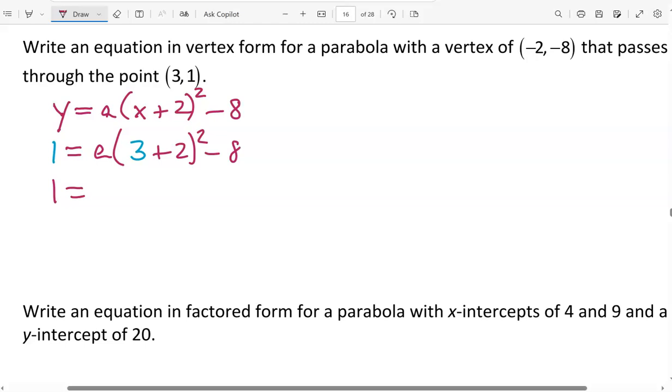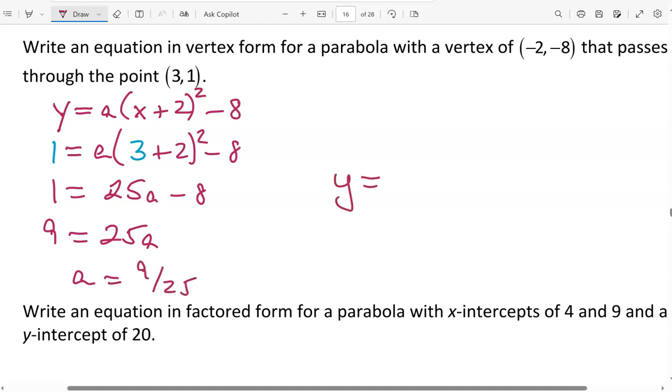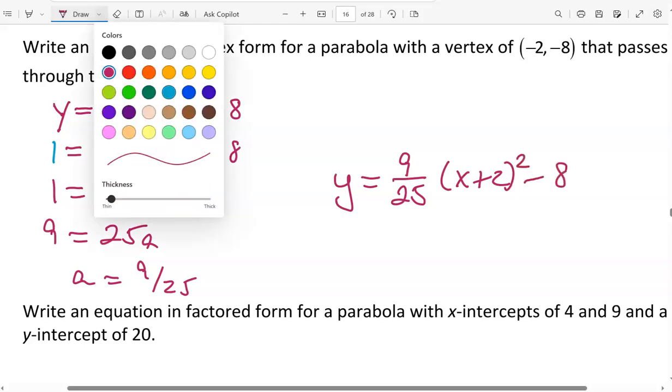So 1 is equal to (3 + 2) squared, which is 25, times a, minus 8. So adding 8 to both sides, 9 is equal to 25a, and a is 9/25. That means that the equation of this parabola is y equals 9/25 times (x + 2) squared minus 8.